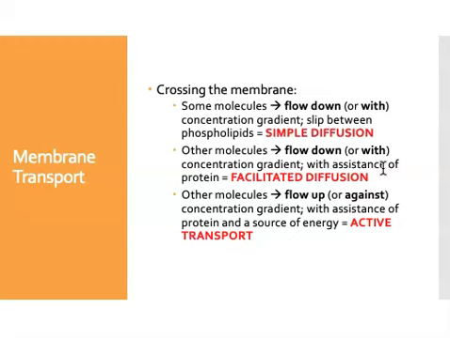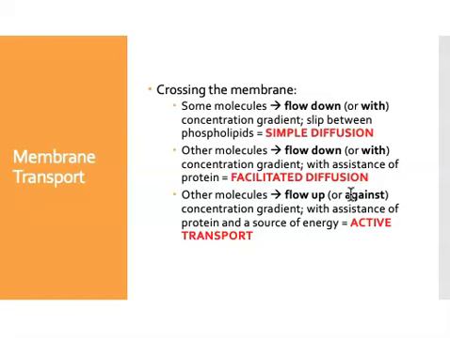Last, there are some molecules that are not going to travel down the concentration gradient at all. There are some molecules that will cross a membrane going up the concentration gradient. And another term that you'll hear used is against the concentration gradient. In other words, these molecules are traveling from the side of the membrane where the concentration is low towards the side of the membrane where the concentration is high.